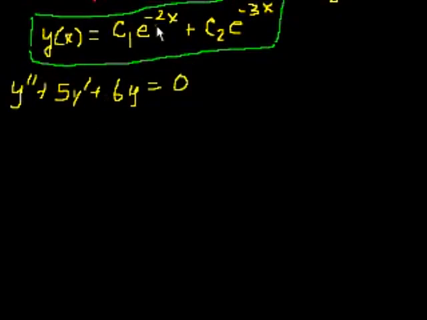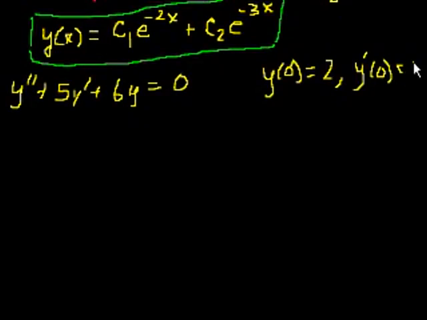The initial conditions we're given are that y of 0 is equal to 2, and the first derivative at 0, or y prime of 0, is equal to 3. So they're giving us what y equals at the point 0, and that the slope at x equal to 0 is 3.